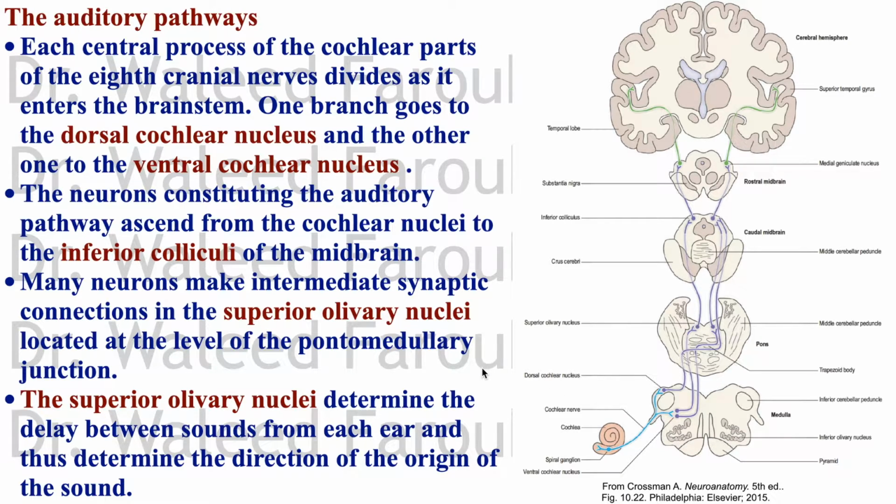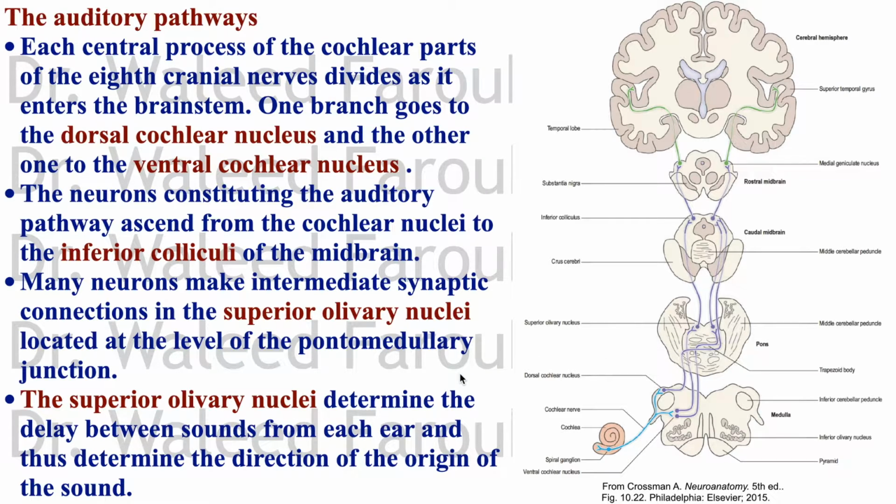The auditory pathway ascends from the cochlear nuclei to the inferior colliculi in the midbrain, as you can see here, and on their way to the inferior colliculi, they make synaptic connections in the superior olivary nuclei, as shown here. Superior olivary nuclei are located at the level of the pontomedullary junction.